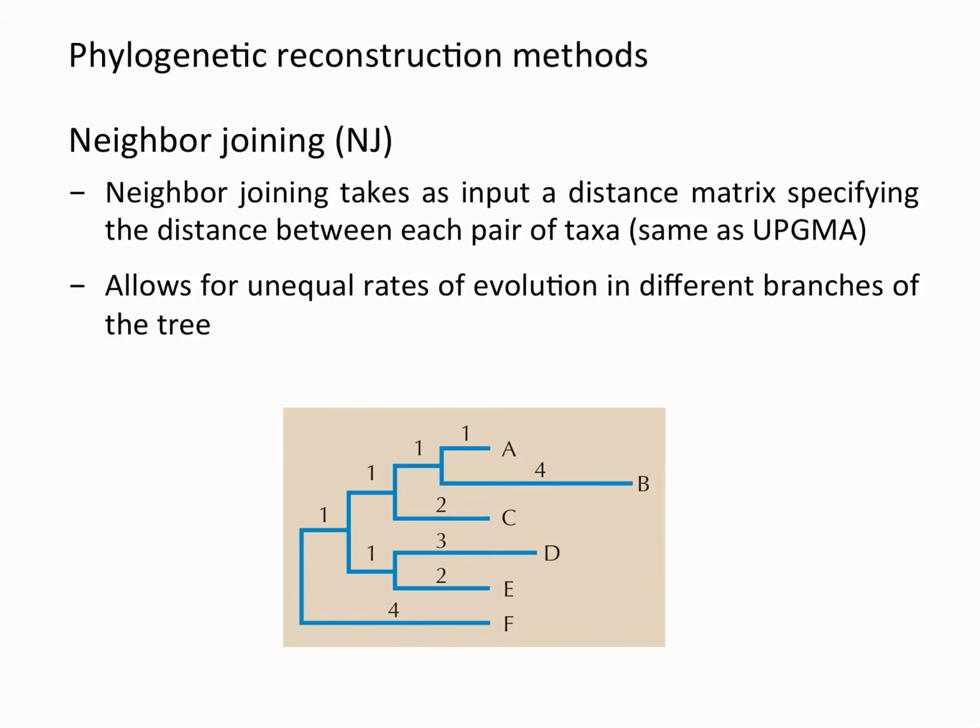Neighbor joining takes as input a distance matrix specifying the distances between each pair of taxa, same as the UPGMA method, but it allows unequal rates of evolution in different branches of the tree. Let's see how it works.